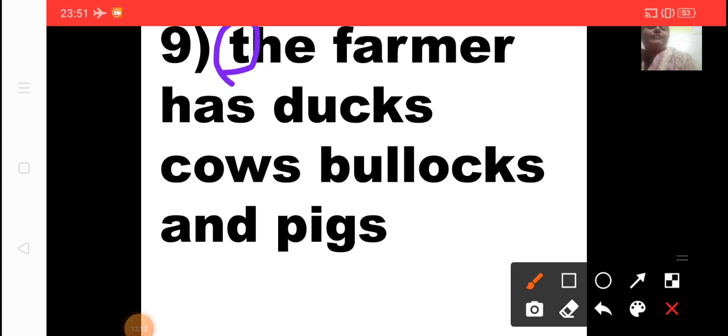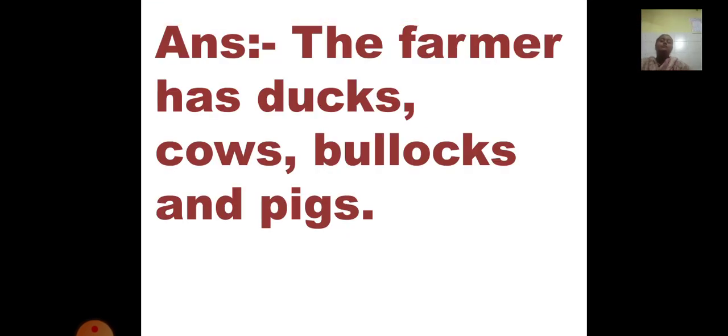Then the farmer has ducks, cows, bullocks and pigs. Names of animals one after the other. So you have to give a comma after ducks, after cows. And at the end of the sentence there is a full stop. So here is your answer. The farmer has ducks, cows, bullocks and pigs. Full stop.